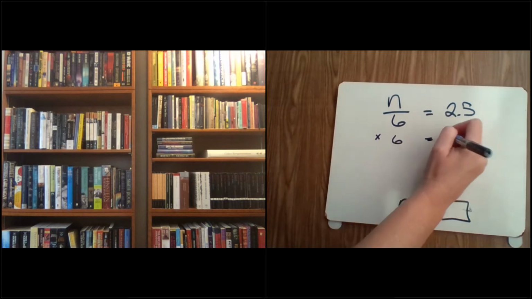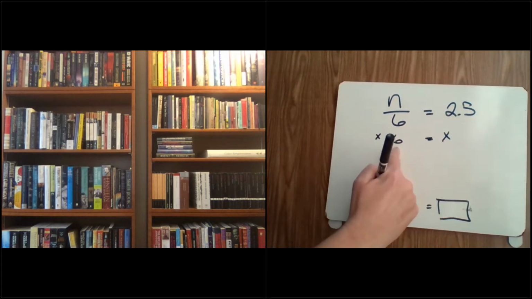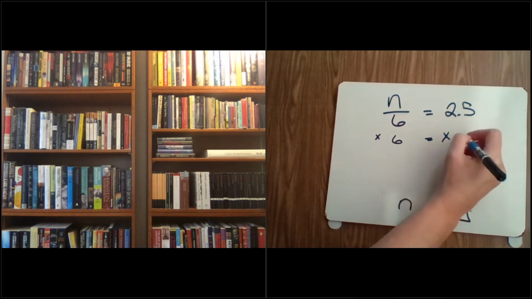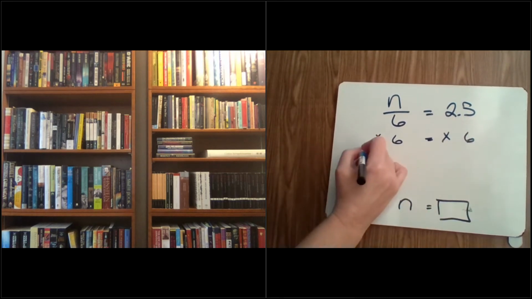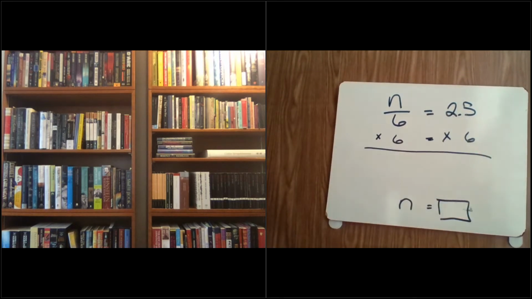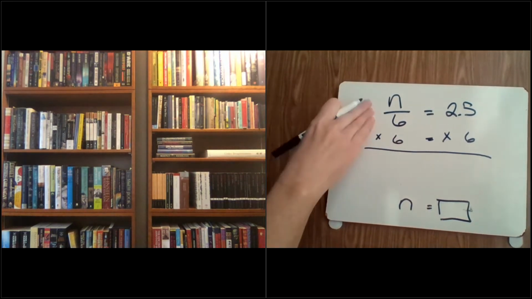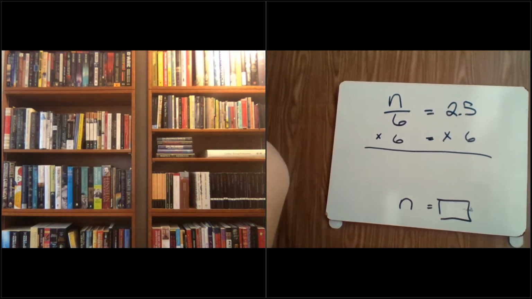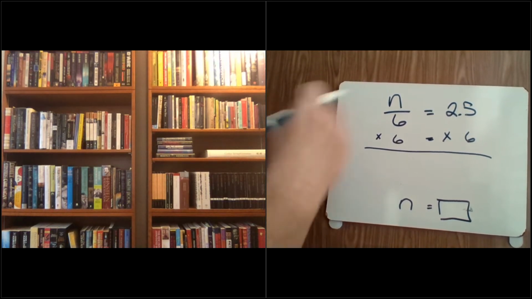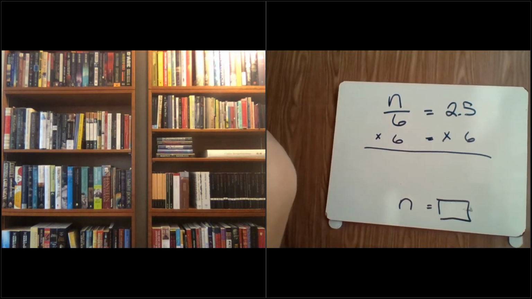Don't forget your balance beam. If I multiply the left side by 6, I'm going to do the identical thing on the right side. Okay, well, this n divided by 6, that's a division problem. By the way, that is still a fraction. And when we're solving problems, we can just regard that as a fraction.